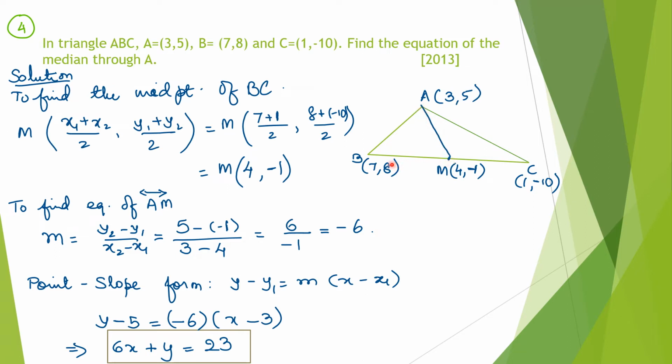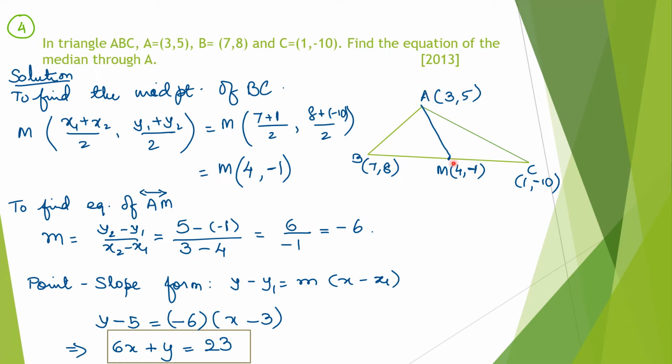That means I have to first find the midpoint of BC. So midpoint of BC is going to be (x1 plus x2) divided by 2, (y1 plus y2) divided by 2. That is (7 plus 1) divided by 2, (8 plus minus 10) divided by 2. That is 8 divided by 2 is 4, and 8 minus 10 is minus 2, divided by 2 is minus 1. So my midpoint M is (4, -1).